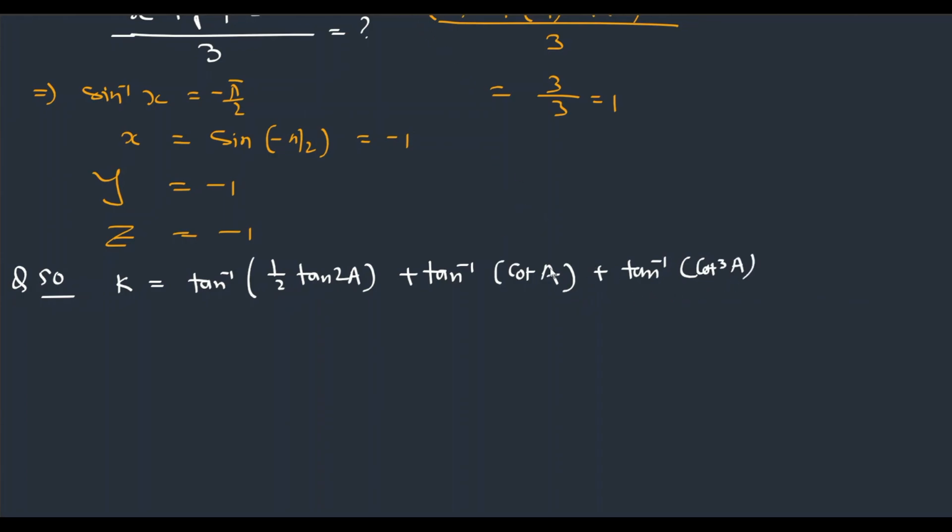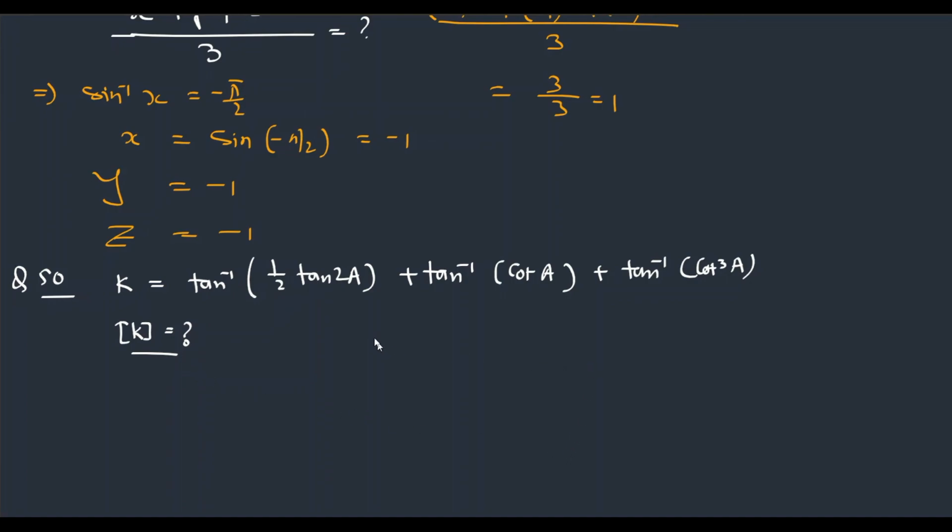Okay, now it is cot a, cot of a. So now we have to calculate this value. What is the value of box of k?